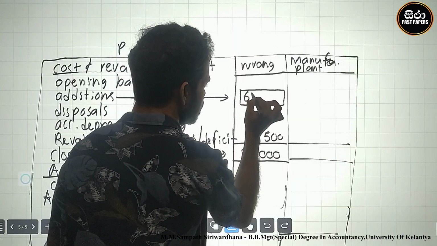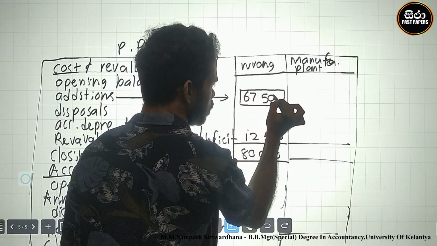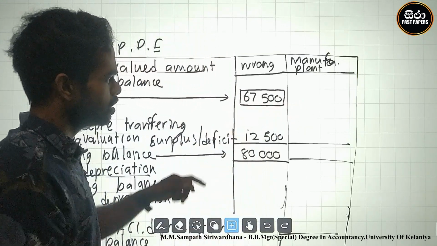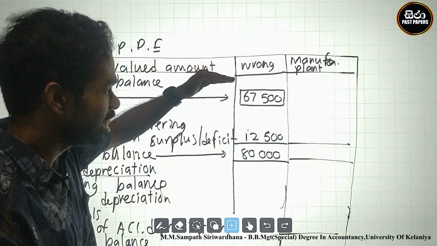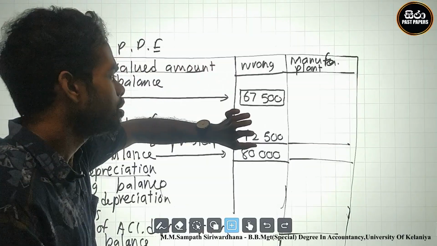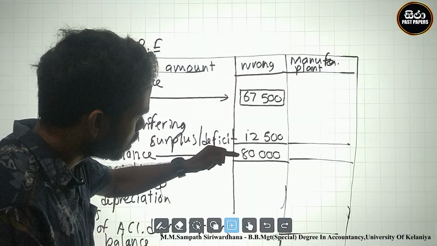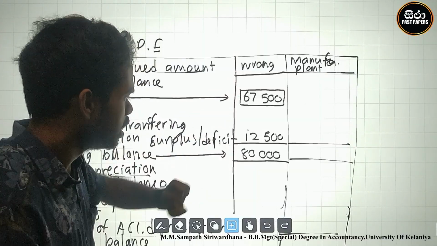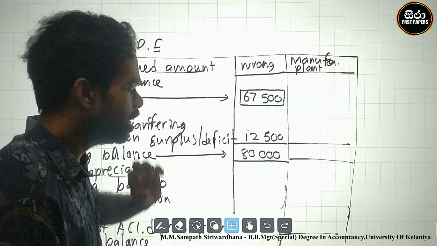The answer is 67,500. Look here, this is the cost of acquisition, 67,500. The gap to the revalued amount means revaluation surplus. This is the wrong adjustment they made.